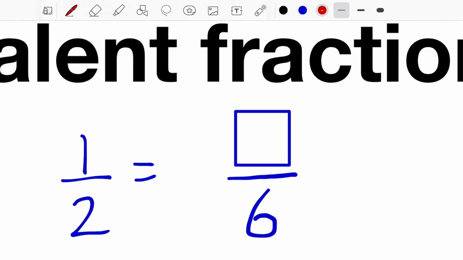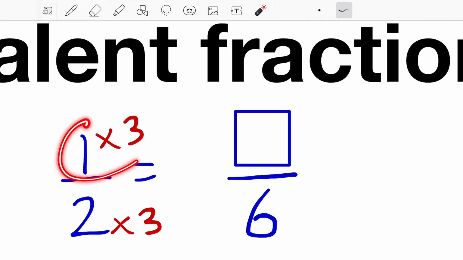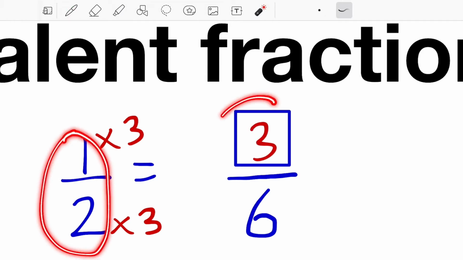So for the denominator, we are multiplying by 3. So we must do the exact same with the numerator, multiply by 3. So 1 times 3 is how much? 3. So half is equal to 3/6.